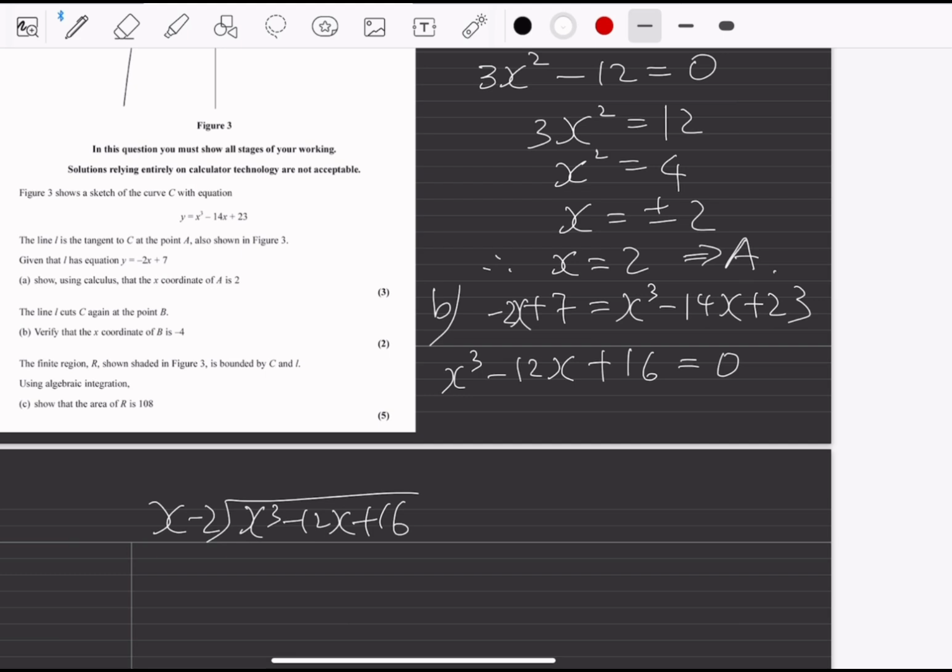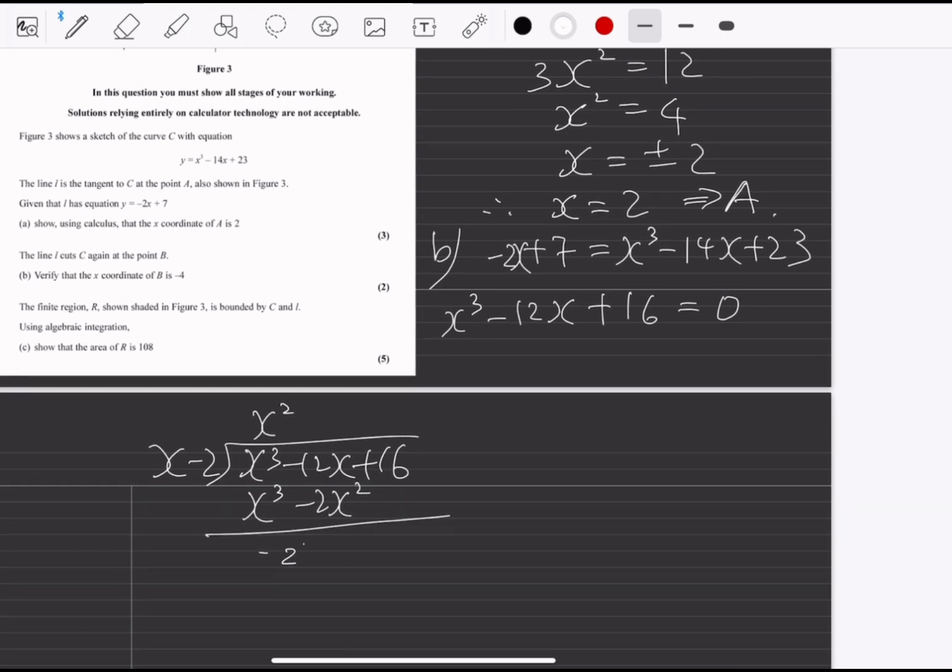So the first bit, x squared times x minus 2. We have x cubed minus 2x squared. Then do the subtraction. We have 2x squared, take away 12x. Then the next bit, we need to plus 2x. That gives us 2x squared minus 4x.